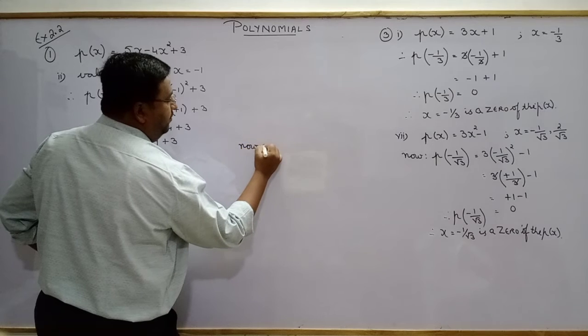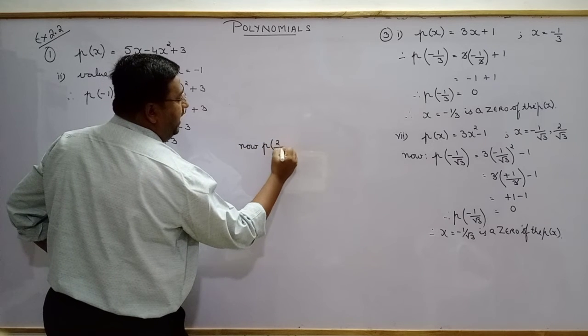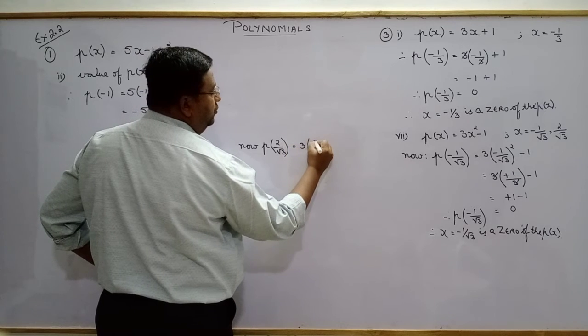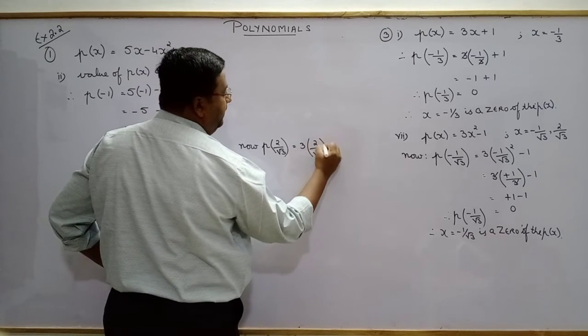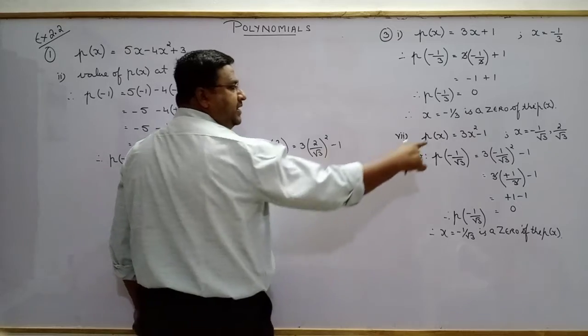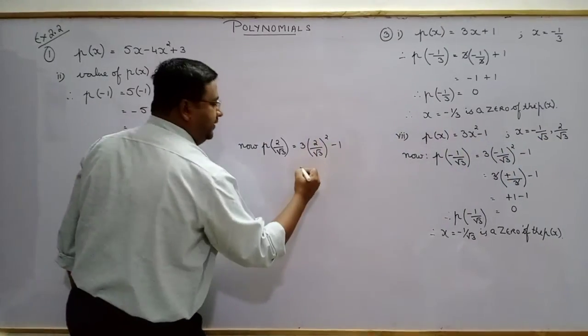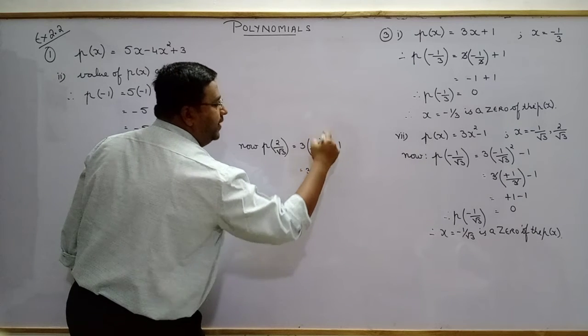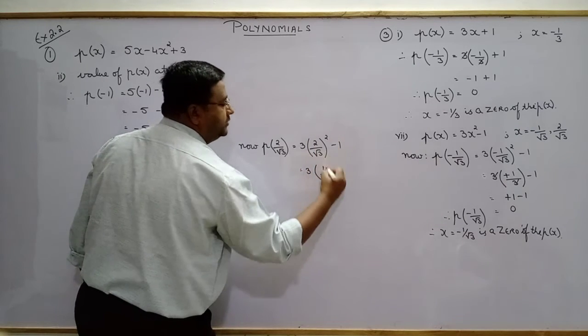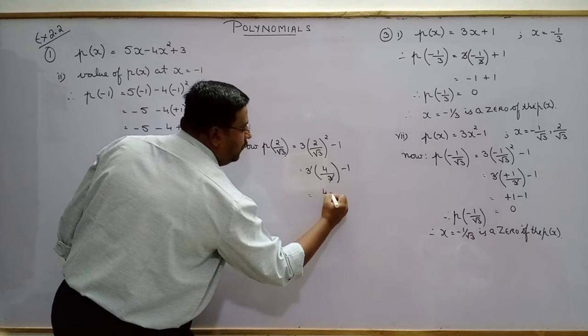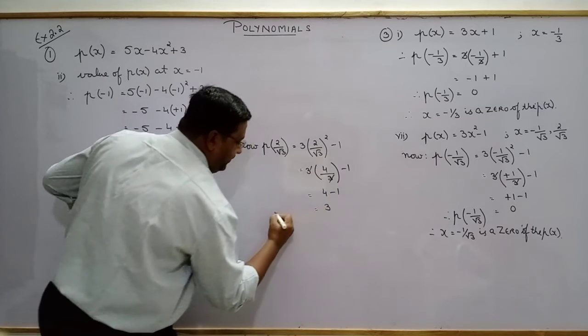Now, P of 2 by root 3 is equal to 3 into 2 by root 3 whole square minus 1. In place of x, we are substituting 2 by root 3 as per the question. Solve it. 3 into 2 square is what? 4. Root 3 square is what? 3, minus 1. 3 and 3 cancel. What is left? 4 minus 1. 4 minus 1 is 3.